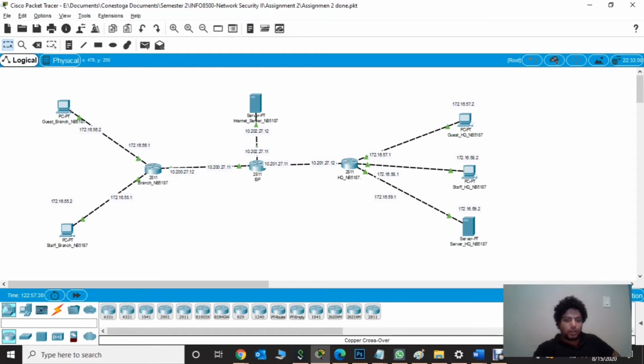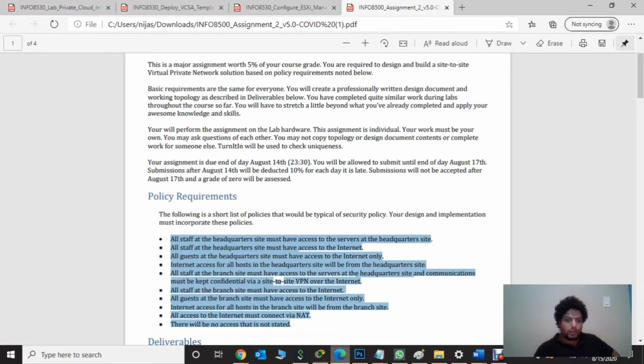The deliverables of this assignment were given in the question, and these are the requirements that need to be met from this lab. There are certain policies that need to be met, and I'm going to show how these requirements are going to be met.